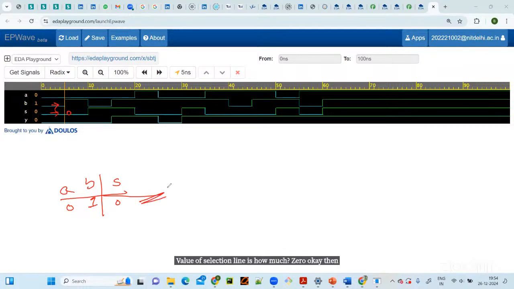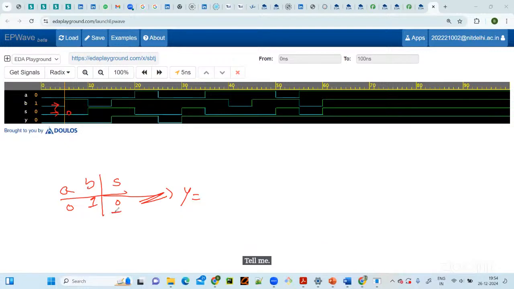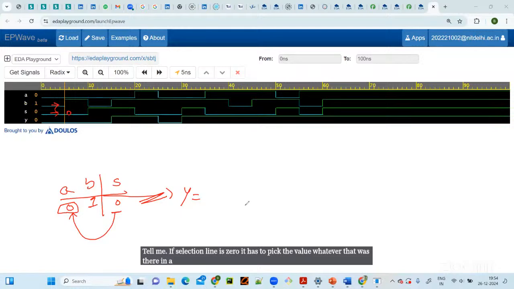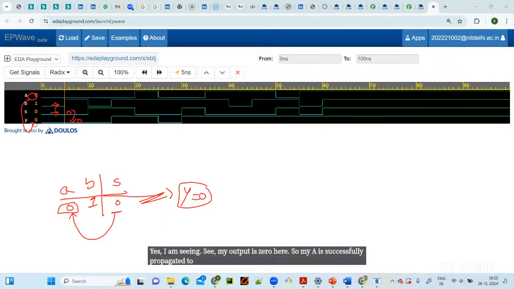For this instance, what should the output Y be? If the selection line is 0, it has to pick the value in A. A is 0, so my output should be 0 here. Yes, I am seeing it, my output is 0. So my input A is successfully propagated to the output when my selection is 0.